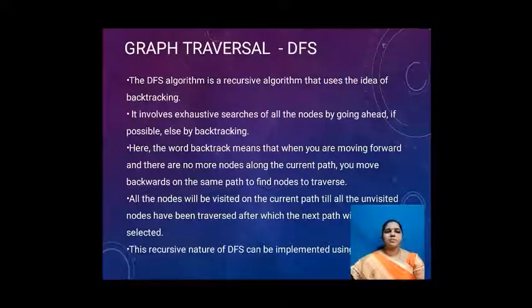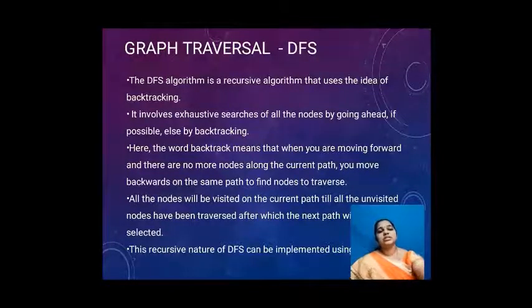What is meant by backtracking? Backtracking means when we are moving forward and there are no more nodes along the current path, we go back on the same path to find nodes to traverse. All the nodes will be visited on the current path till all the unvisited nodes have been traversed, after which the next path will be selected.